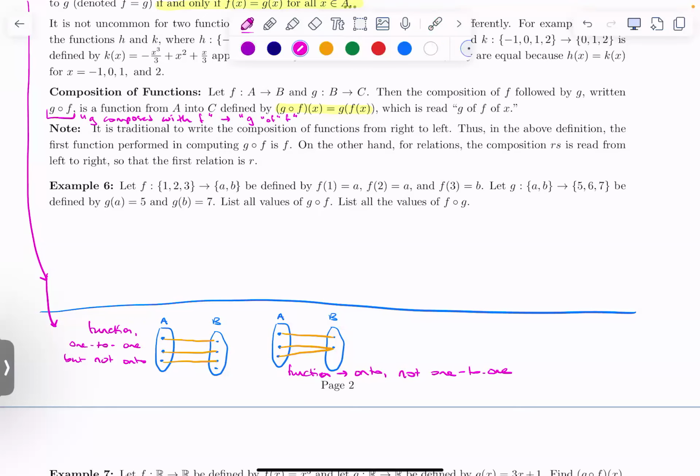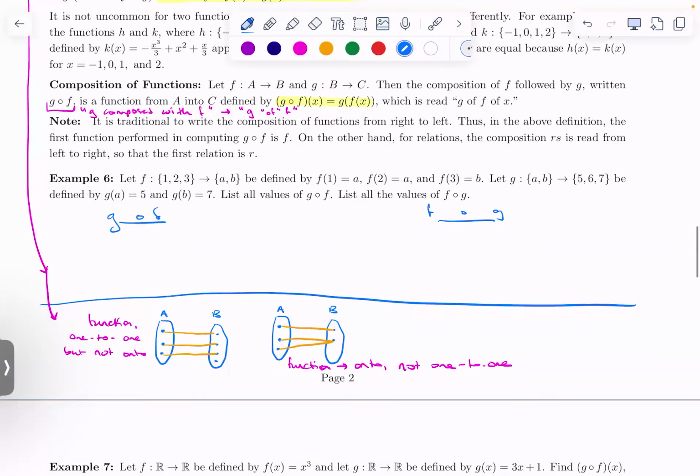And so the first thing I want to do is g composed with f. I'll make a column, because then we're going to do f composed with g over here. So g composed with f of 1, which is the first element of f, is the same as g of f of 1.